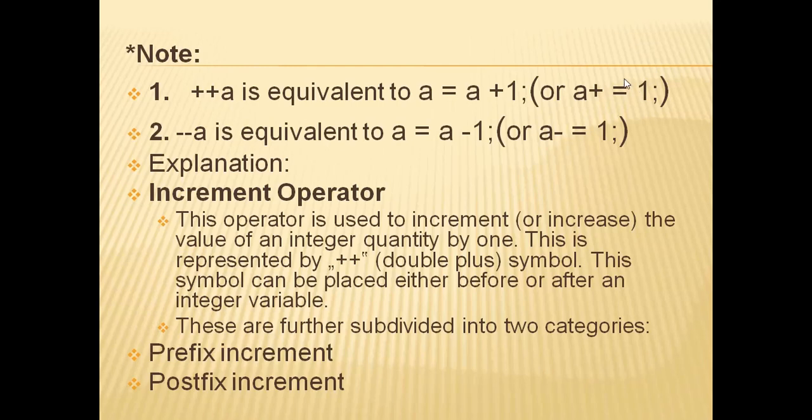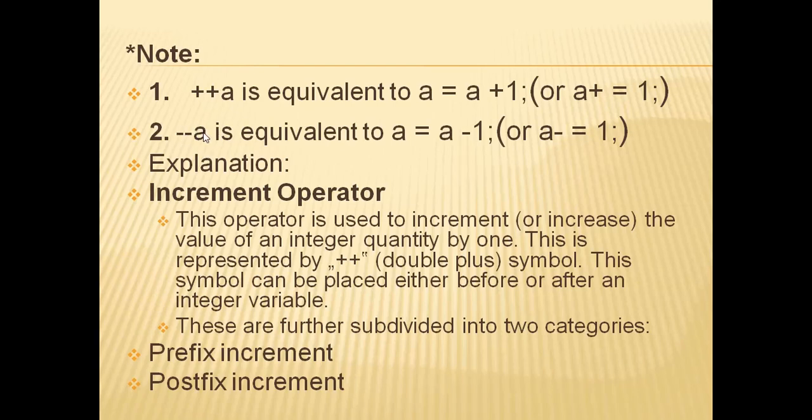Okay, so this is a shorthand assignment. We call it a shorthand assignment operator. a plus equal to 1 is the same as a is equal to a plus 1. And here minus minus a is the same as a is equal to a minus 1. We are decrementing the value, so minus minus is a decrement operator.